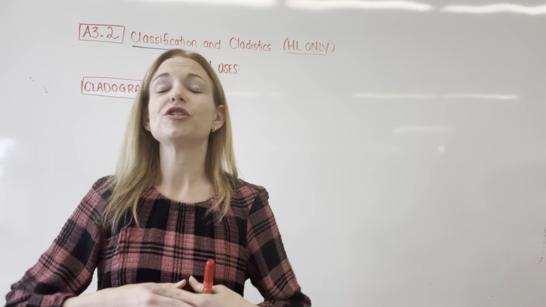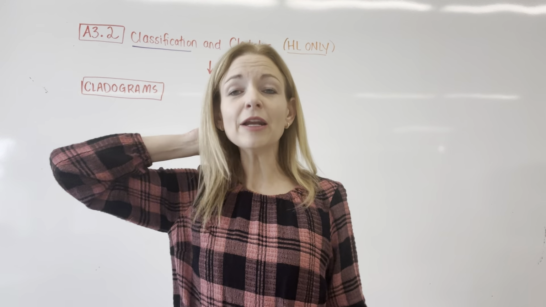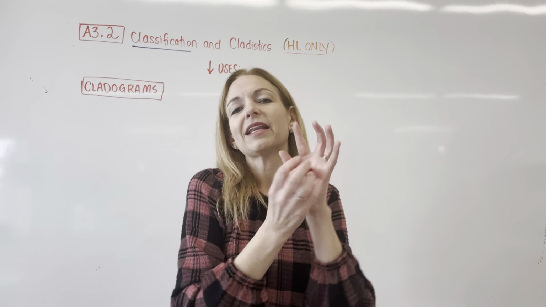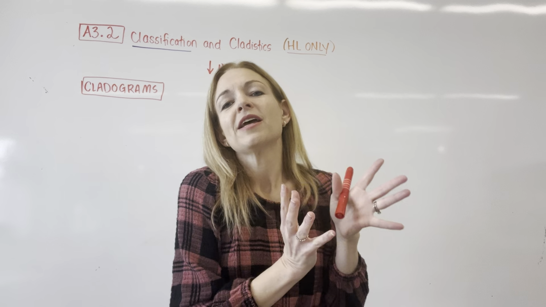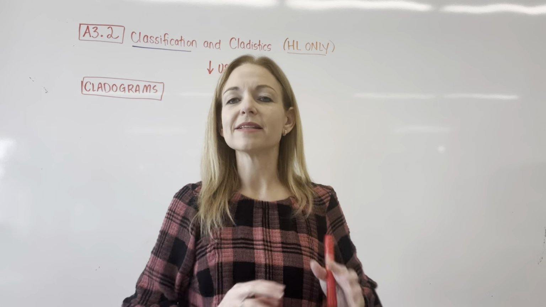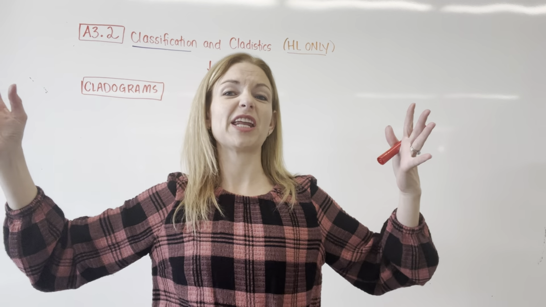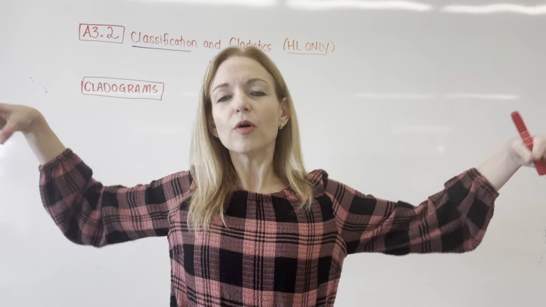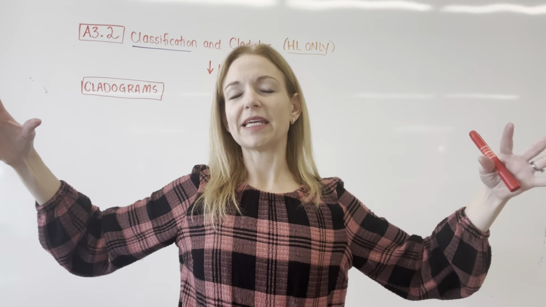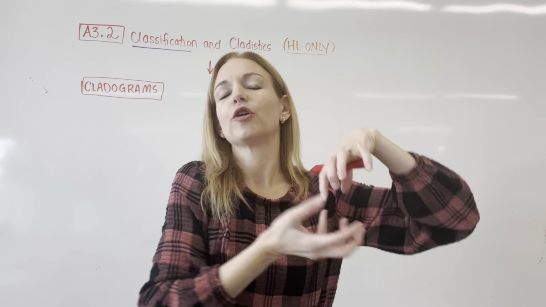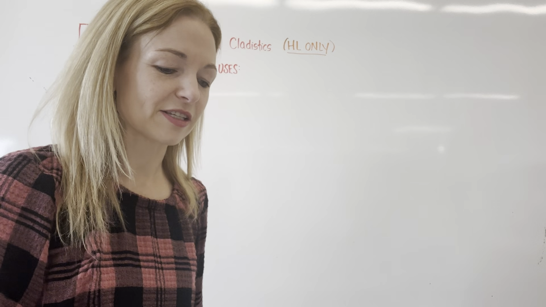You could do a cladogram of a very large clade, but most of the time they're done on slightly smaller clades. So you're taking a clade that has a common ancestor and studying all within that common ancestor. Generally, if we're looking at tons and tons of groups, we might use a phylogenetic tree. They branch a little bit more and tend to be larger scale, whereas cladograms tend to be very much zoomed in on a specific group and looking at what their differences are.